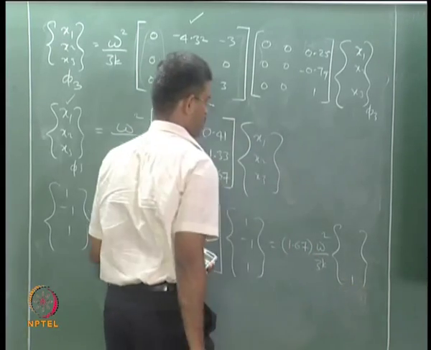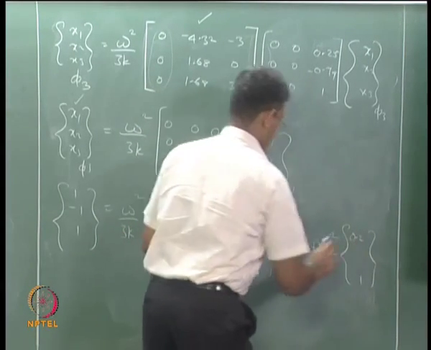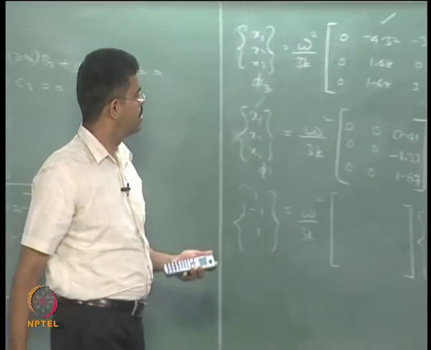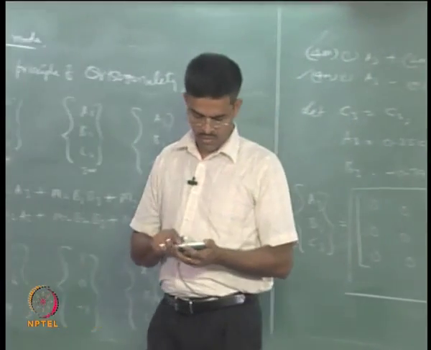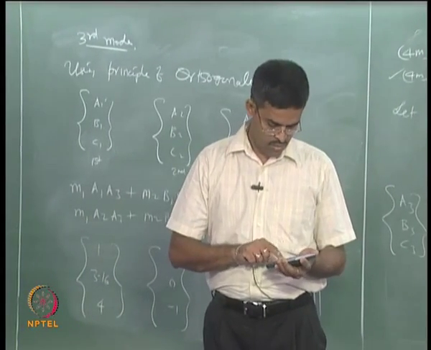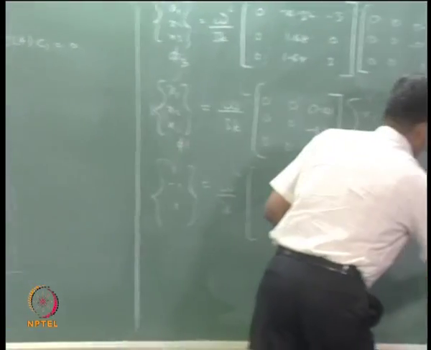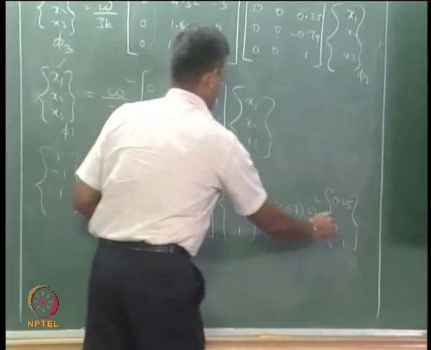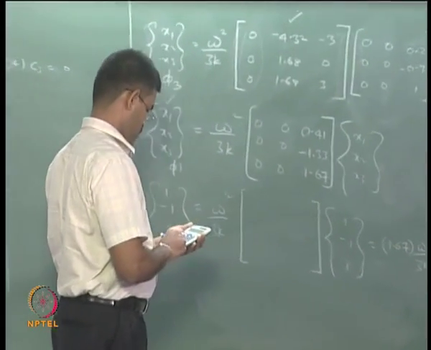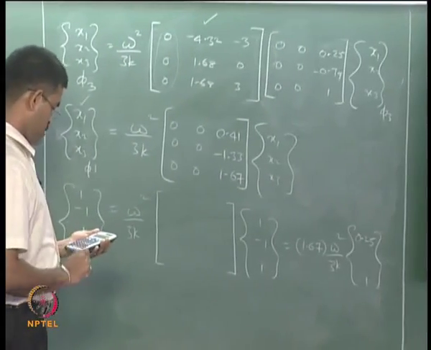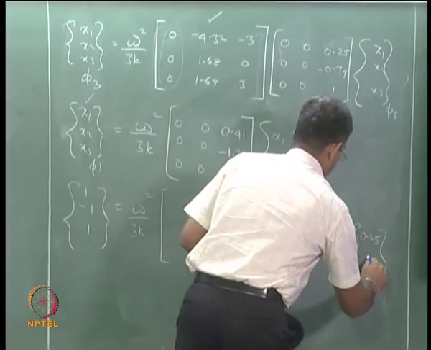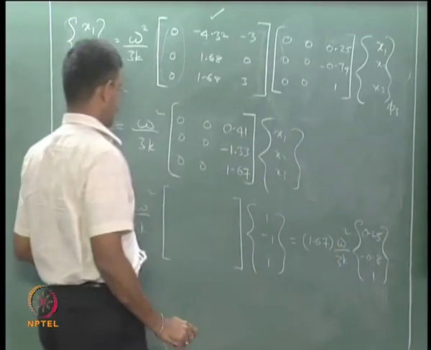and this is 1, this is 2 phi I should say, and this is minus of 0.8 I can say. So, it is not converging.